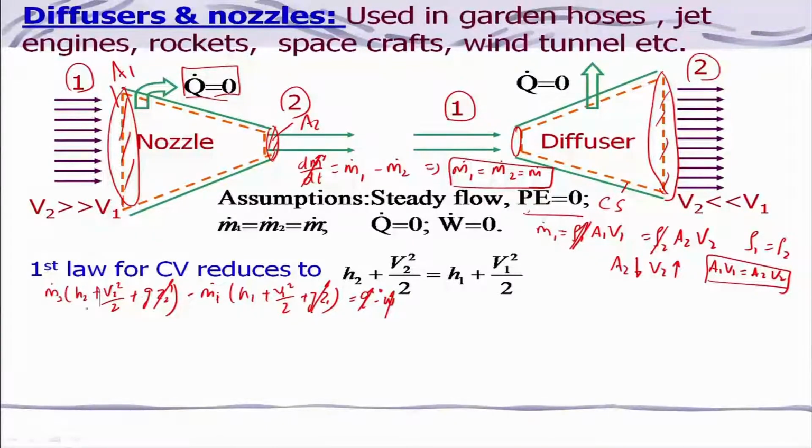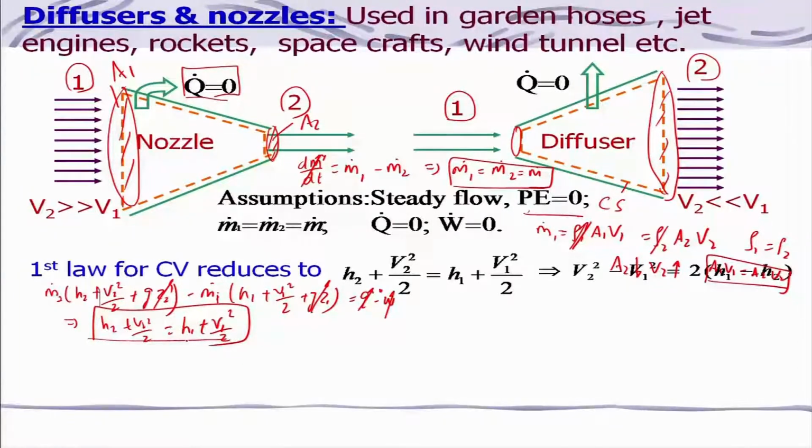Then, dividing by m, you will get the expression H2 plus V2 square by 2 is equal to H1 plus V1 square by 2. So this is the expression we can get, right.